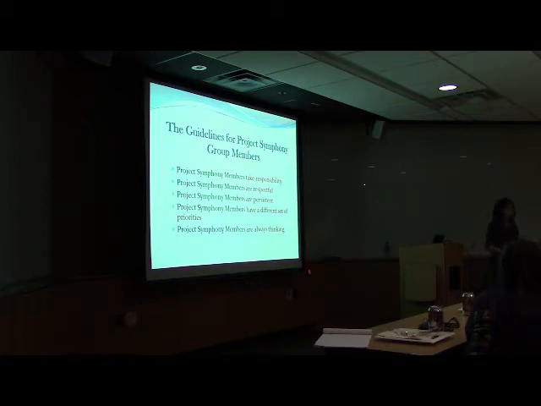When they seriously sign up after their freshman year, before they start the summer, I have them sign the contract. I do not show you all the contract language, which sometimes is a little scary, but the highlight of the contract is something like this. Project Symphony members take responsibility, and then underneath is a long sentence of 300 words of what that means.